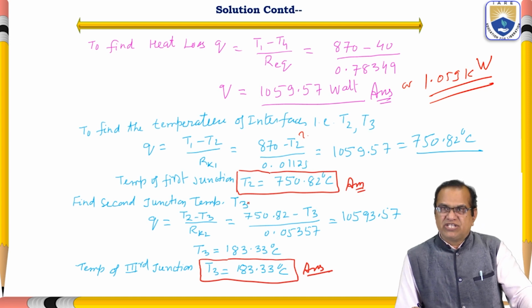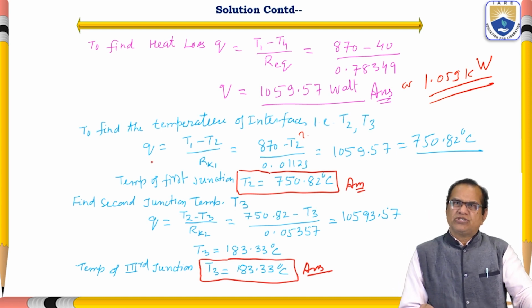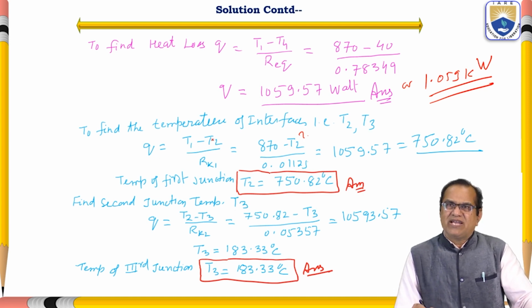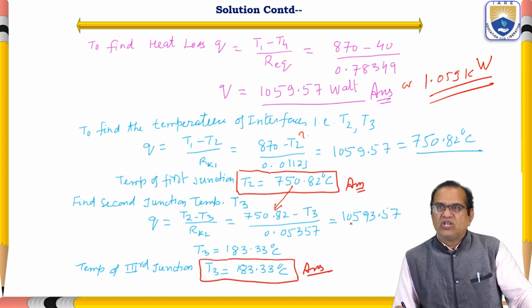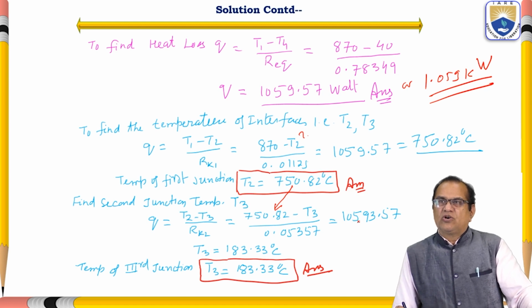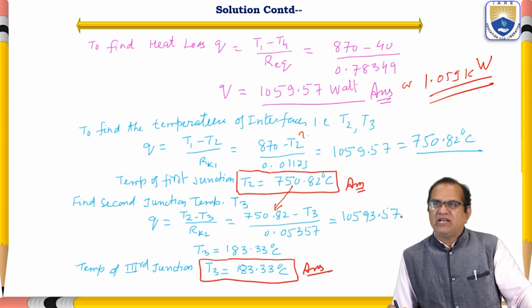Now we have to find out the temperature T3 between the insulator and the last junction. Same equation we have to use. Q is equal to T2 minus T3 divided by RK2. T2 we have found just now. So T2 minus T3 divided by 0.05357 is equal to 1059.57.